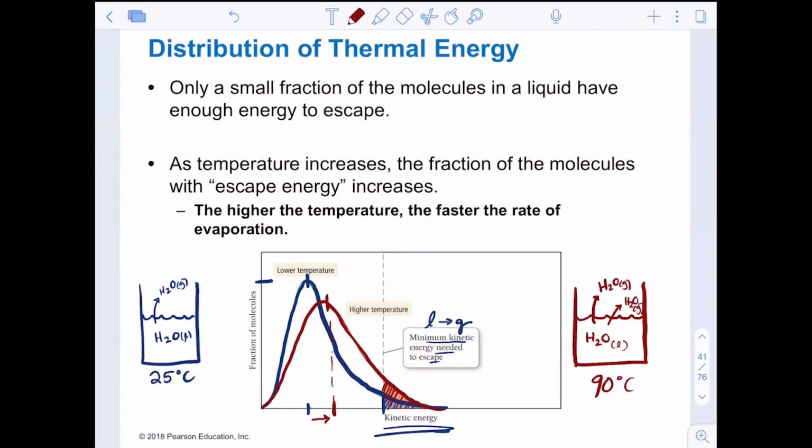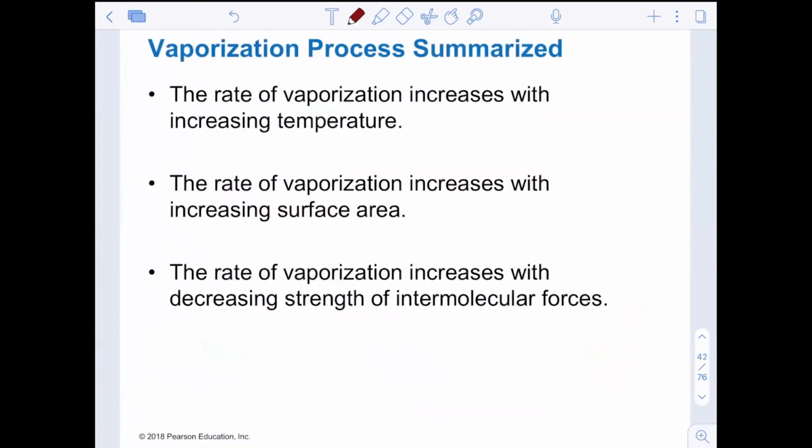And so that's what we call the faster rate of evaporation. We call it escape energy simply because we're saying it's escaping the point where intermolecular forces are prevalent in the liquid. So the rate of vaporization increases with temperature, the rate of vaporization increases with surface area, and the rate of vaporization increases with decreasing intermolecular forces strength.